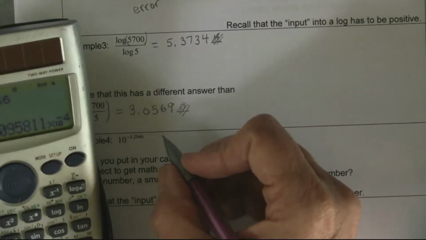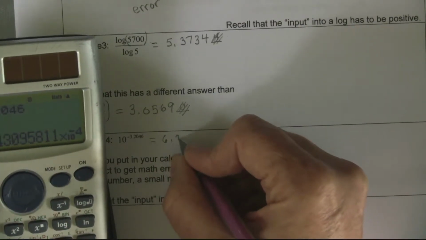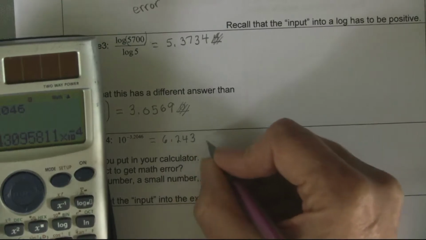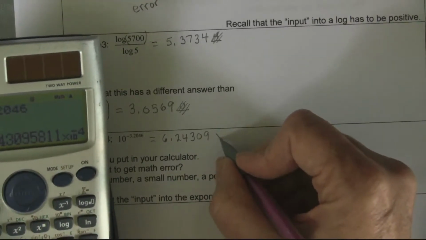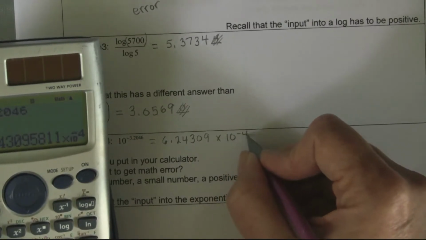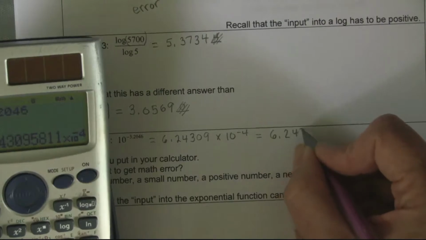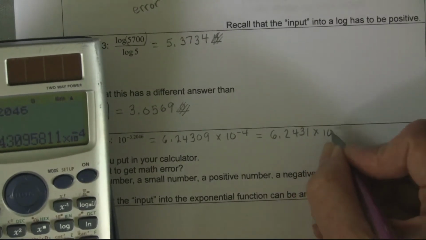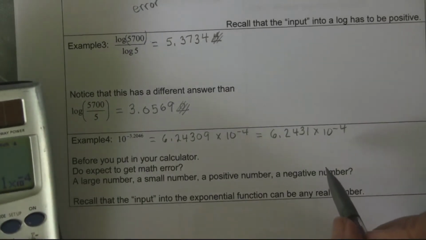So my calculator gave me 6.24309, so that's going to be 1, right? times 10 to the negative 4. So my calculator is giving me 6.2431 times 10 to the negative 4. And so this is a really small number.